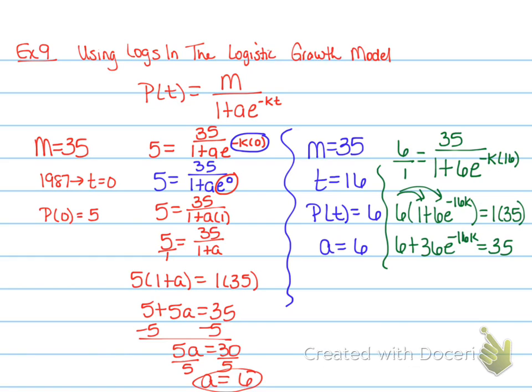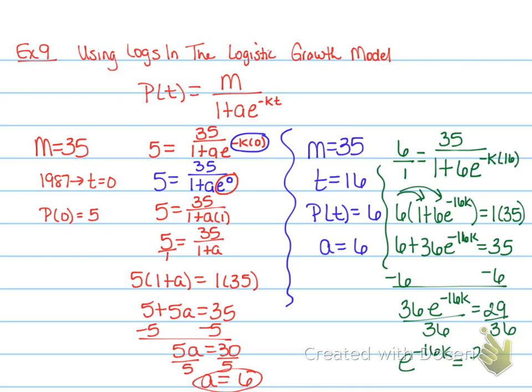And then we're just going to get the exponential part by itself like we did before. So subtract the 6. So 36 e to the negative 16k equals 29. Divide by the 36. And so we get e to the negative 16k equals 29 over 36.